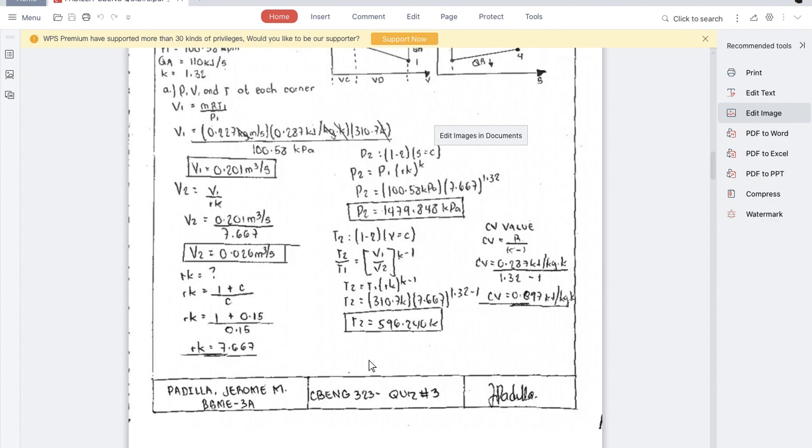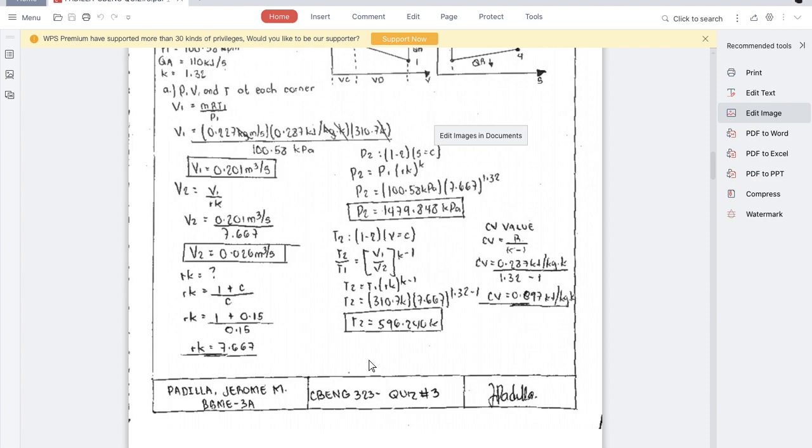Next is for the T2. For the T2, the formula we will use is process 1 to 2, s equal to c, and T2 over T1 equal to V1 over V2 raised to k minus 1.